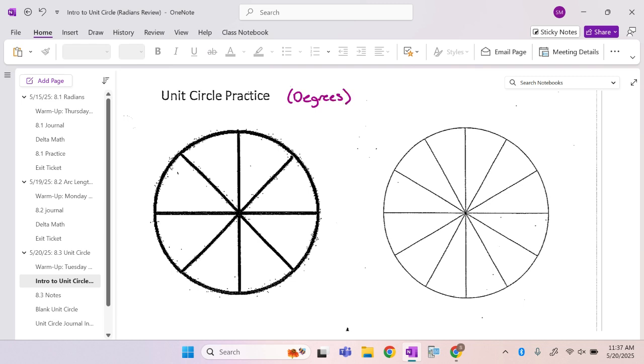So do you guys remember last week when we did radians to degrees and they gave us a circle that had like all these measures all the way around it, and we did it based off of that. That's kind of what we're doing here.